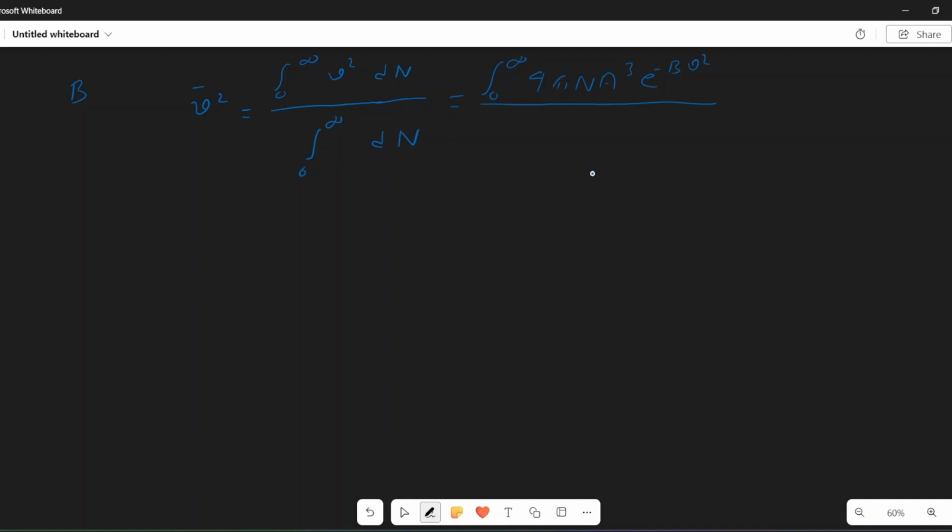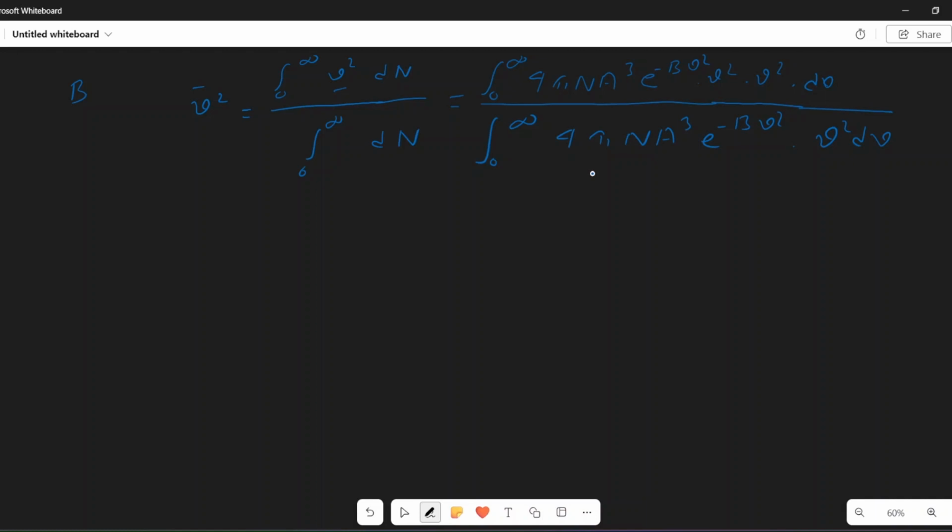Also we'll have another v square term there. So for this we'll use v square dv, basically v to the power 4. For the numerator, 0 to infinity 4 pi n a cube e to the power minus b v square dv.